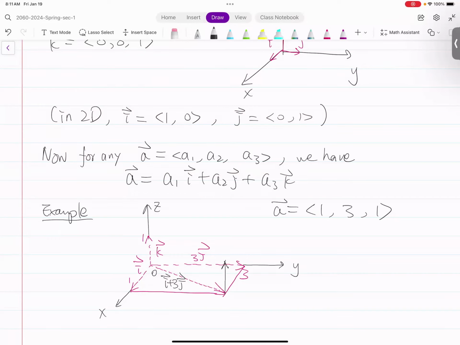So this vector, the diagonal, will be i plus 3j plus k, right?